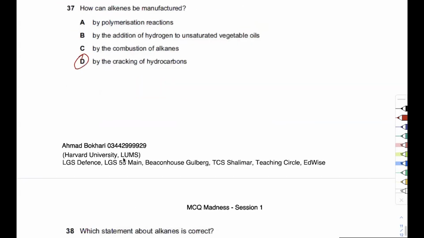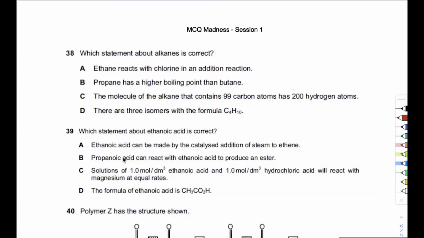All right, moving on. Which statement about alkanes is correct? Ethane reacts with chlorine in an addition reaction. Alkanes do not do addition because they don't have a double bond. So this is wrong. Let me change it. There's one statement in here that I'll change. So what will I put in place of addition here? Substitution. Substitution, very good.